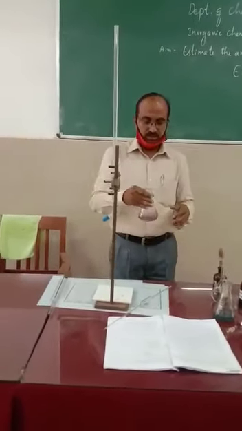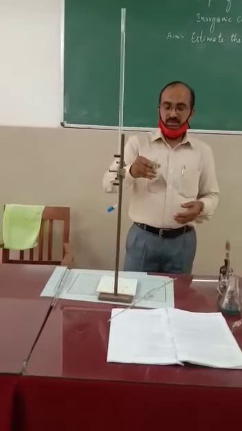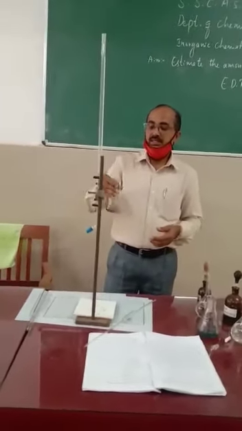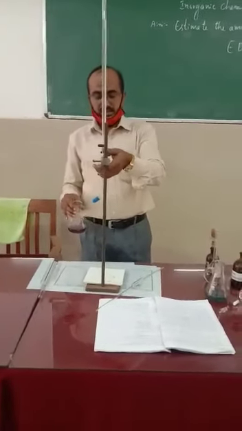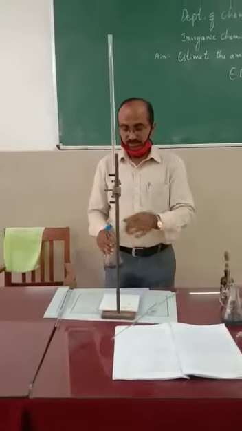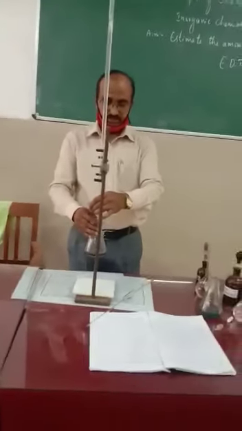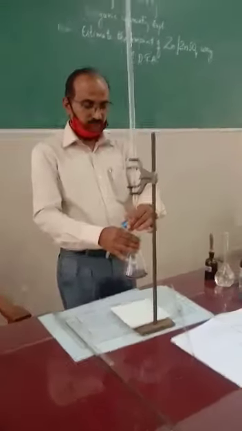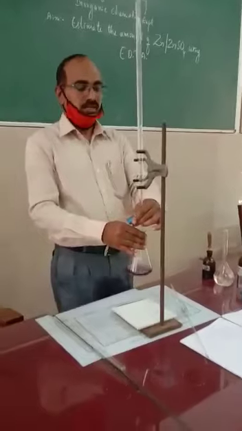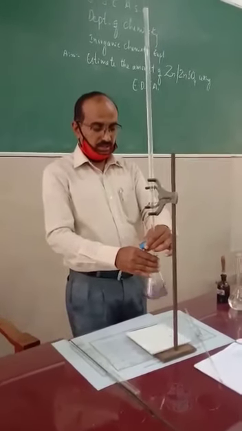Now, this is the solution. It appears wine red or violet in color. Next, this solution is titrated against the standard EDTA solution. Here also we first record the initial reading and titrate, going on adding the solution.